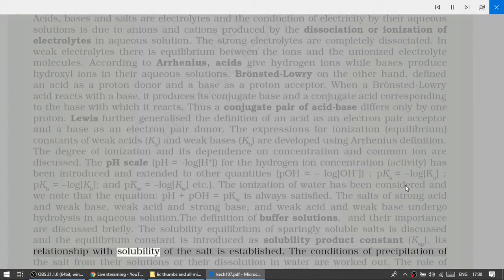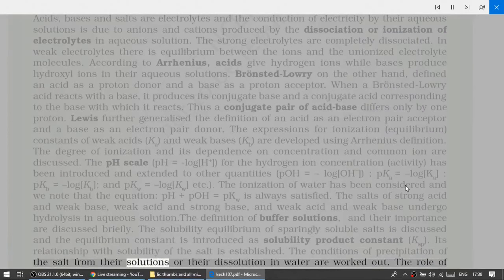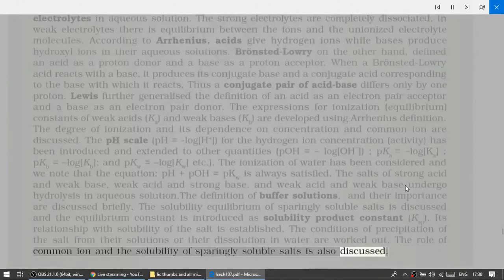Its relationship with the solubility of the salt is established. The conditions of precipitation of the salt from their solutions or their dissolution in water are worked out. The role of common ion and the solubility of sparingly soluble salts is also discussed.